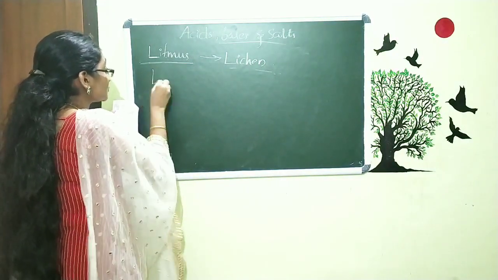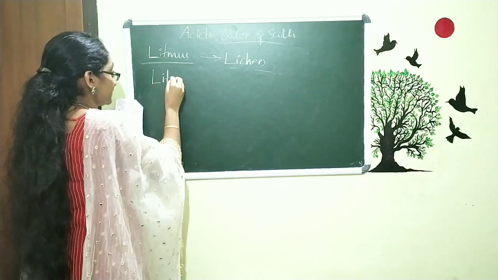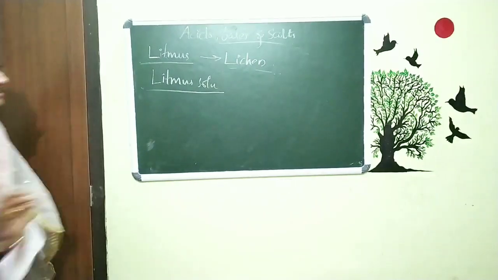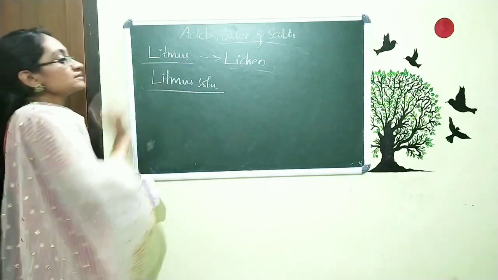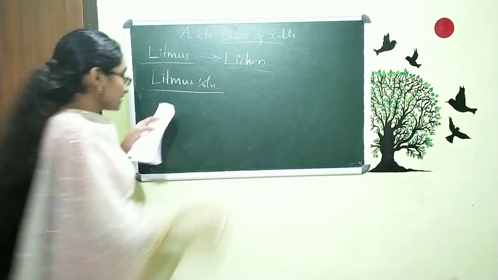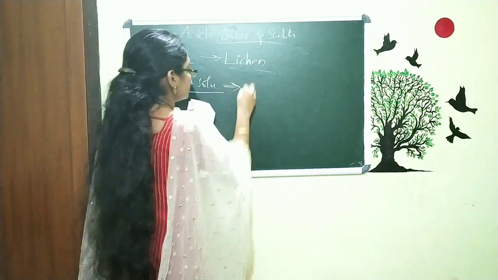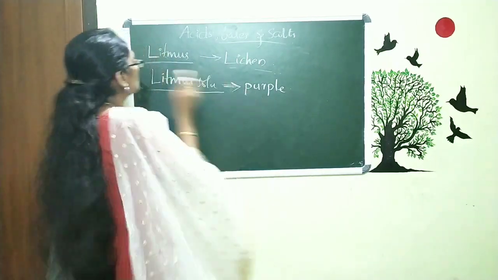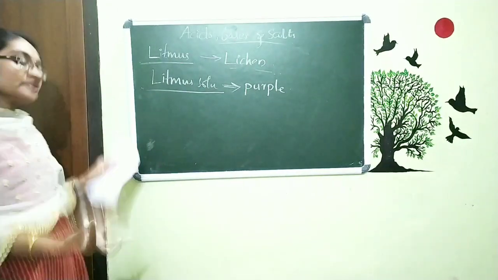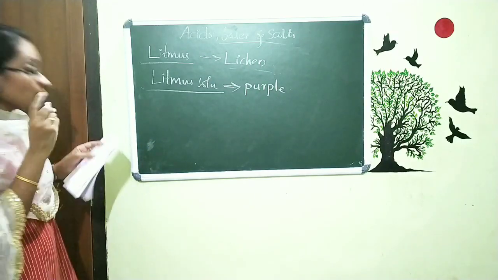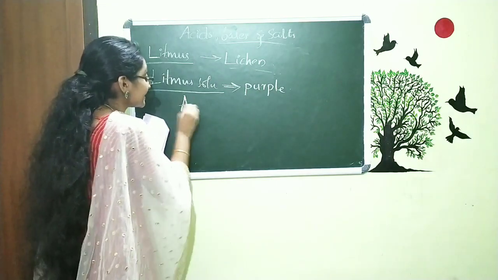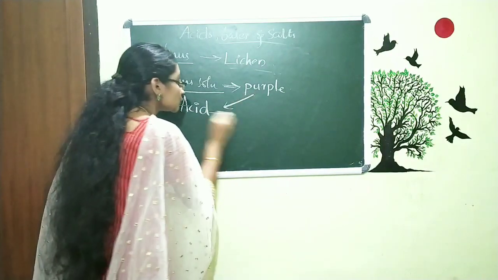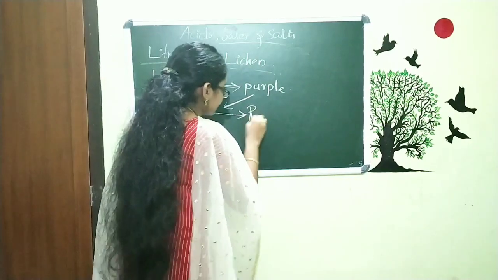First we are talking about the litmus solution. Normally this litmus solution has a purple color, something like pink. When we add acid, this purple color will turn into red.